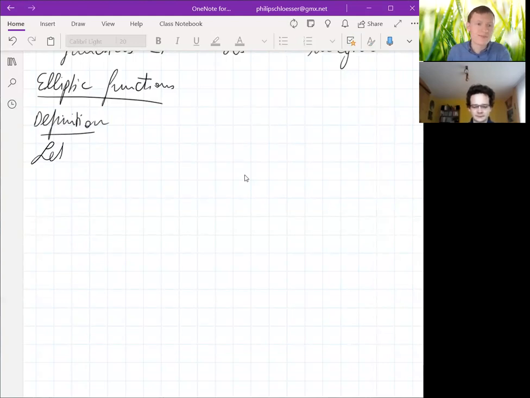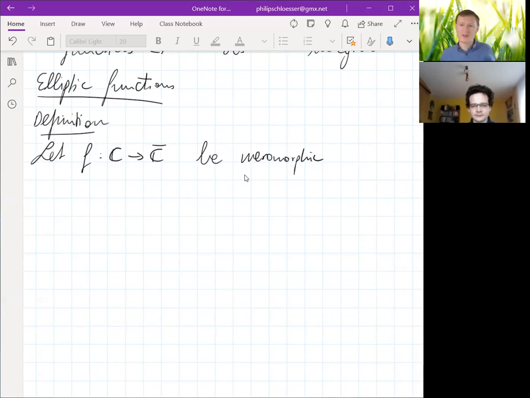So let f from C to, well, it's really the Riemann sphere we are going to map to, be meromorphic, or I guess we should say C to C meromorphic or C to the Riemann sphere holomorphic, but never mind.